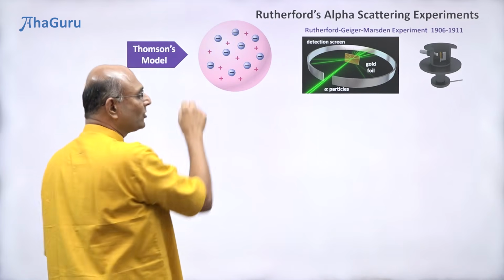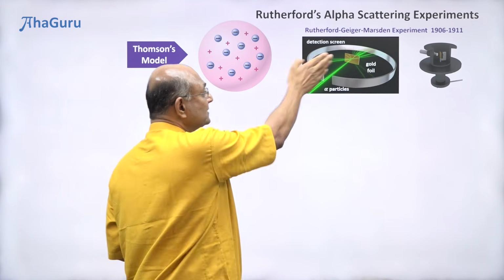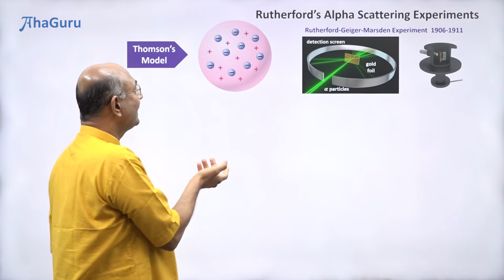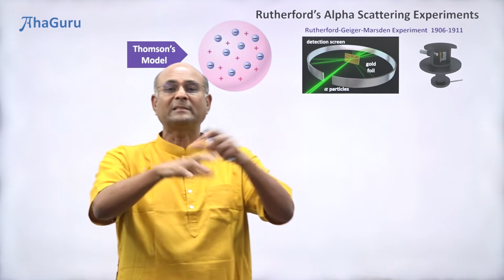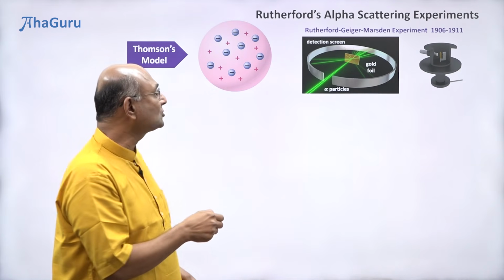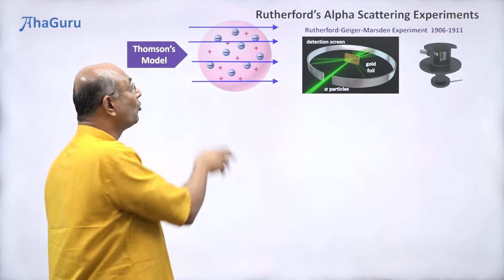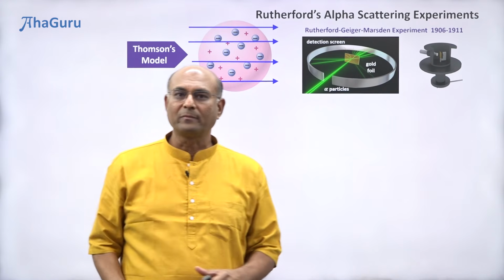Now, the electrons have very little mass, while the alpha particles are very, very dense. So the electrons won't be able to stop them, and the distributed positive charge of the atom also won't be able to stop them. So the expectation was that all the alpha particles would simply go through.